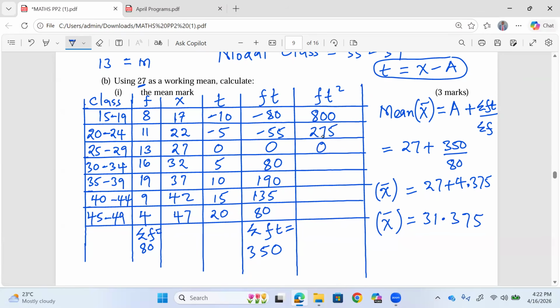This becomes a 0, because anything times 0 is eliminated. 25 again, because of 5 squared times 16, a frequency of 16, that gives us 400.